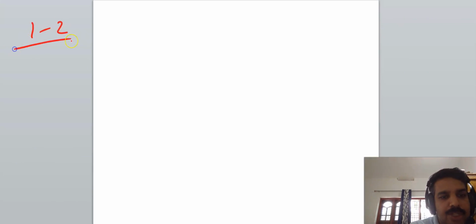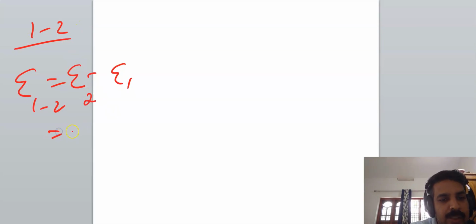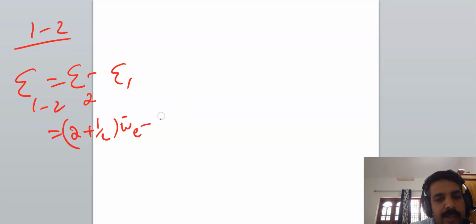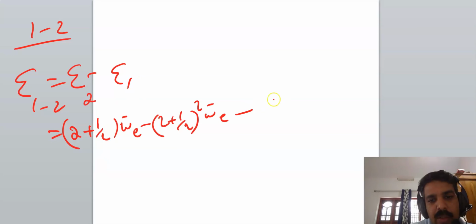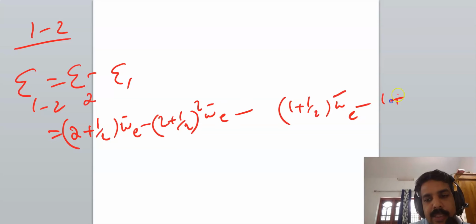that is the 1 to 2 transition, E 1 to 2, by substituting v, that is E2 minus E1, that is (2 + 1/2)ω̄e minus (2 + 1/2)² ω̄e xe, minus (1 + 1/2)ω̄e, and the minus here becomes plus, or we can write all minus (1 + 1/2)² ω̄e xe.